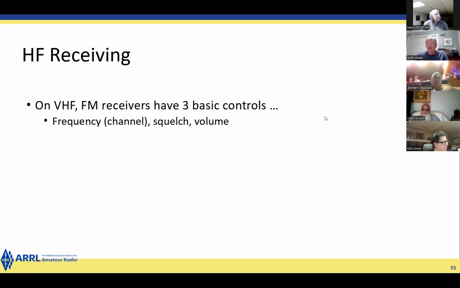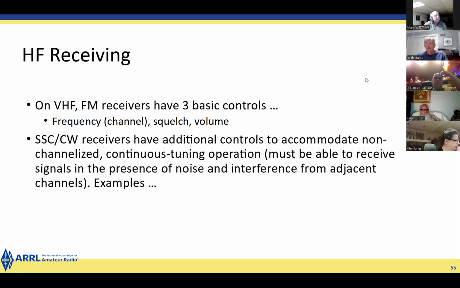All right, VHF FM receivers, we have basic controls. You've got a channel, squelch, and volume. That's it. But when you get into HF rigs, you've got a lot more.